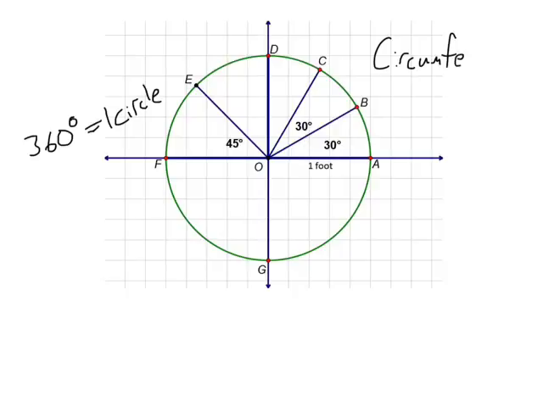And we know that if we have the radius of a circle, let's say it's 1 foot, we can use the formula circumference equals 2 times pi times the radius. And so if we have a circle with a radius of 1 foot like we're looking at here, then we have 2 times pi times 1, which is just 2 pi. And we'll say this is feet.